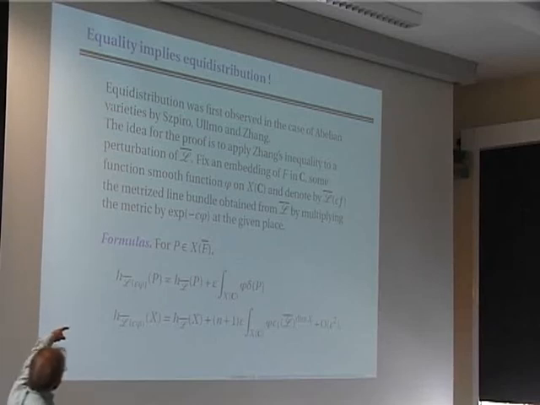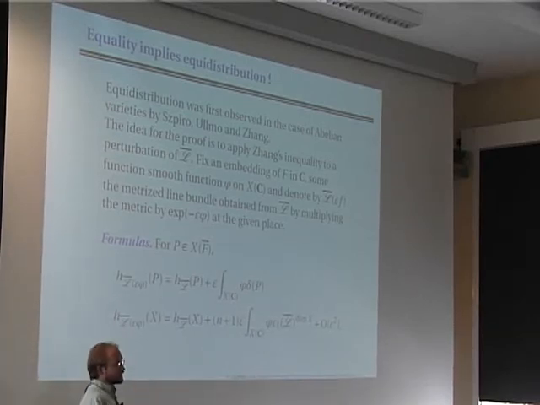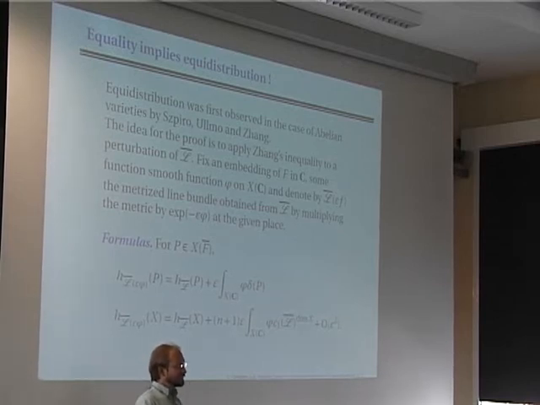So this is what you get for the height of the point p, and for the height of the variety X, you can use multilinearity of the height pairing and see what happens.